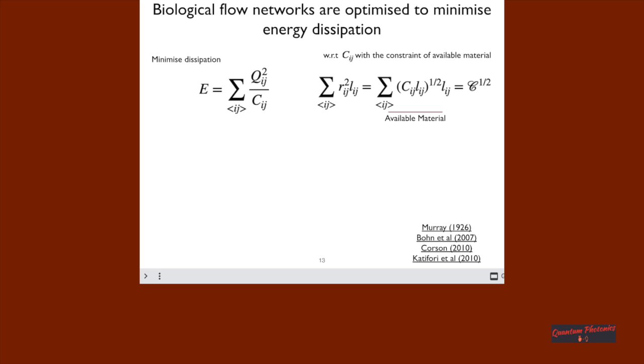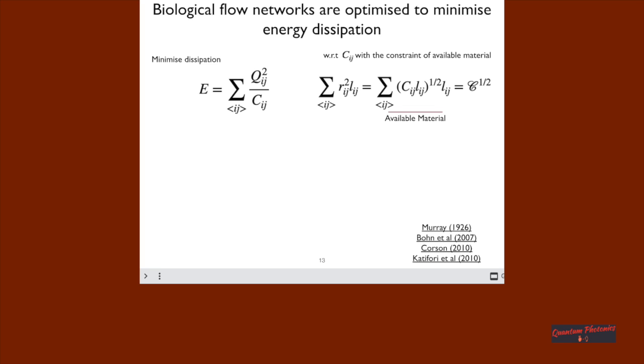So, the main purpose of biological flow networks in general, for example our blood vasculature system, or the water vasculature system in plants, or the Physarum polycephalum, the organism that I talked about, is to transport fluid from one part of the organism to another.